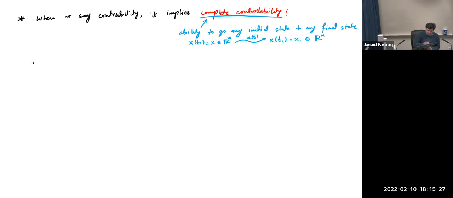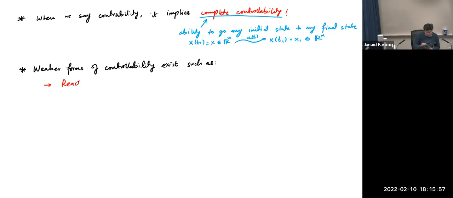Okay, and the next fact is that there are weaker forms of controllability. Let's see what the weaker forms are. The first weaker form is called reachability.